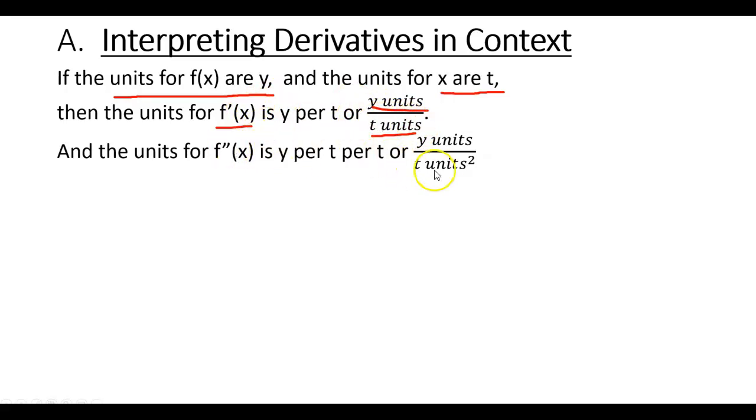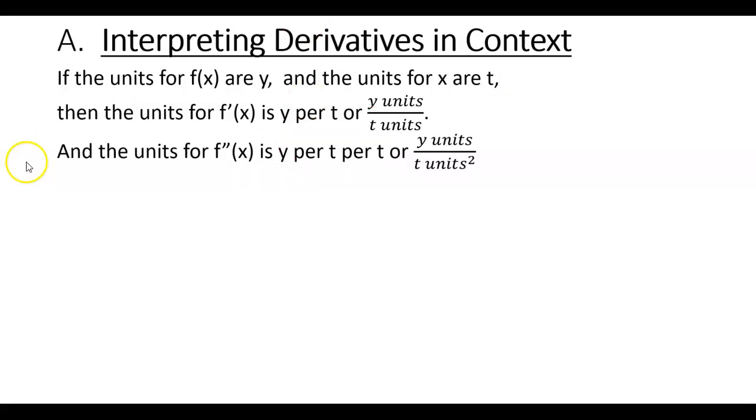The second time you take a derivative, you get 2 t units on the bottom, so it becomes squared. And if you did the third derivative, it'd be units cubed on the bottom. Or you could say it, instead of saying y units over t units squared, you could say it in English like this, y per t per t. Or if you did the third derivative, it'd be really fun to say y per t per t per t. We're starting to create another language here, aren't we?